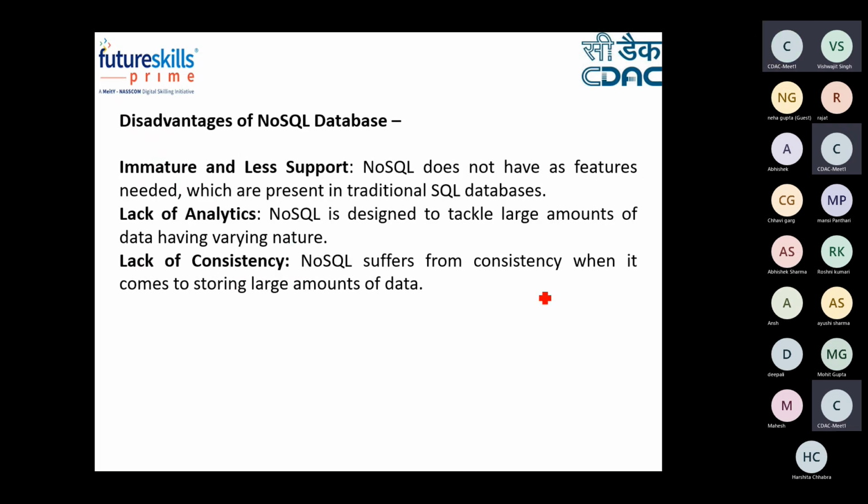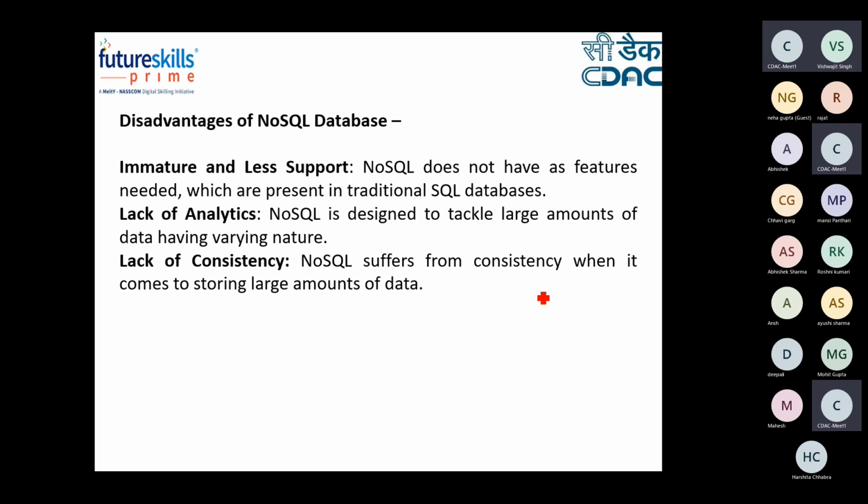Now, disadvantages of NoSQL database. The first disadvantage is that, unlike structured data, we cannot perform a random search. Random search means suppose we want to get specific sales data. If that data is in tabular form, it can be possible.